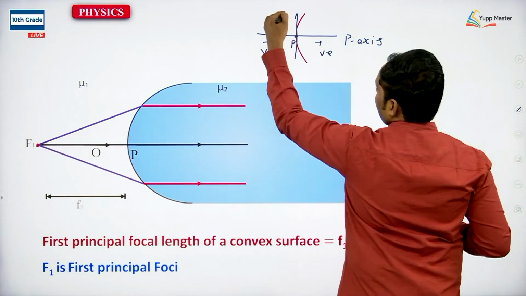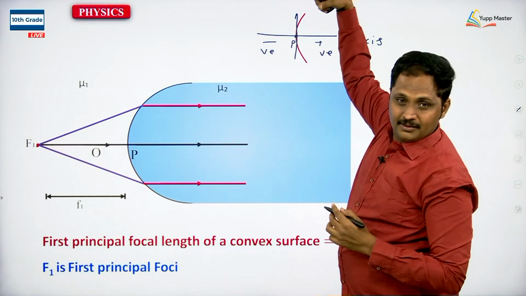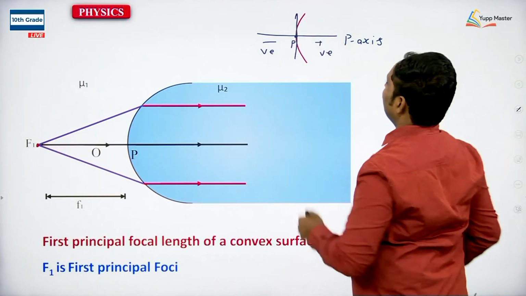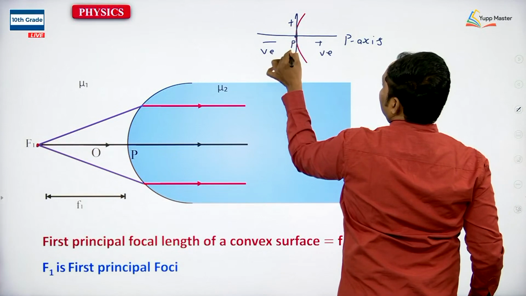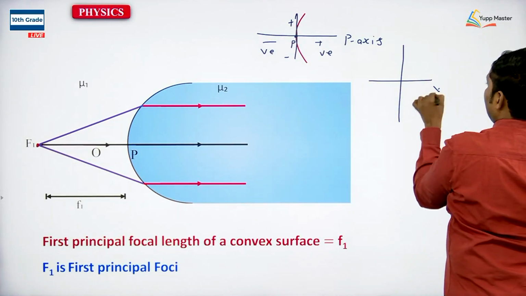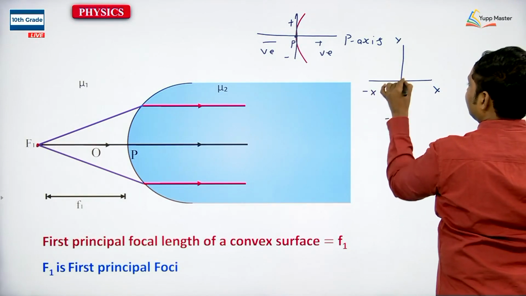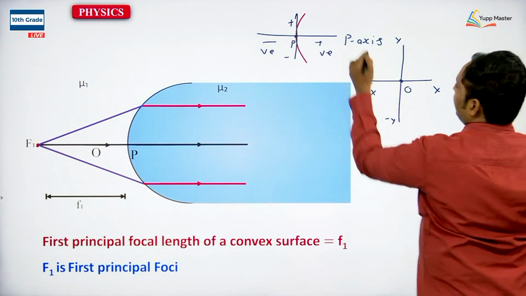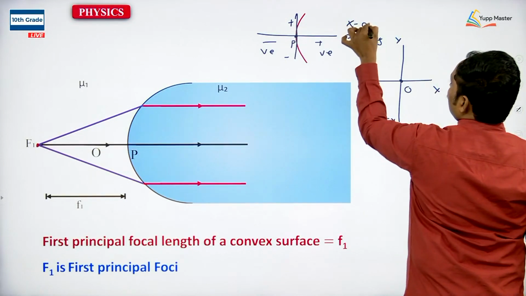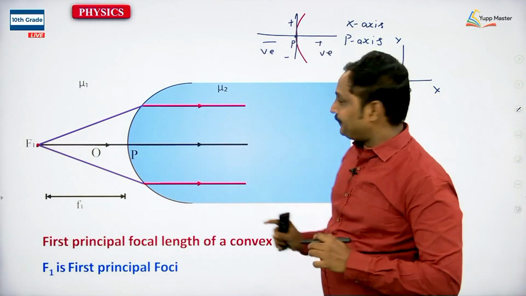Above the principal axis we take positive coordinates and below it negative, like the similarity with x and y. So, this is minus y, minus x, this is origin O. The principal axis is identified with the x axis, it is very clear.